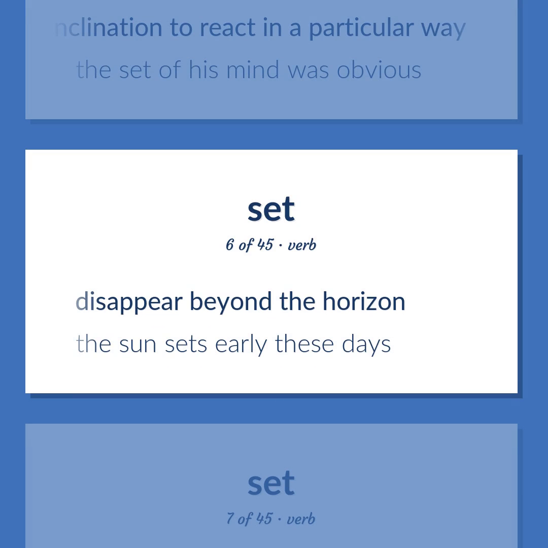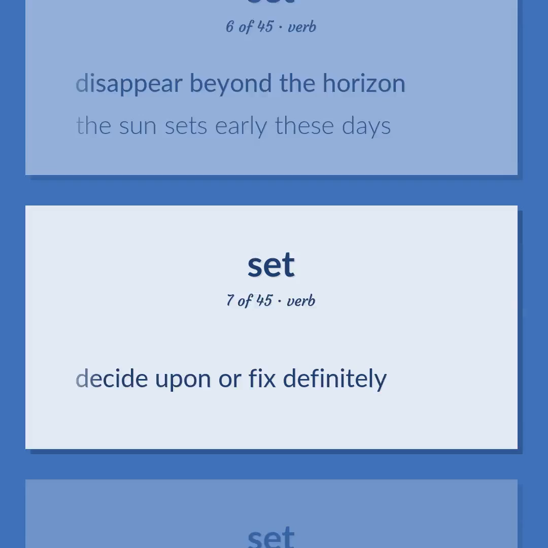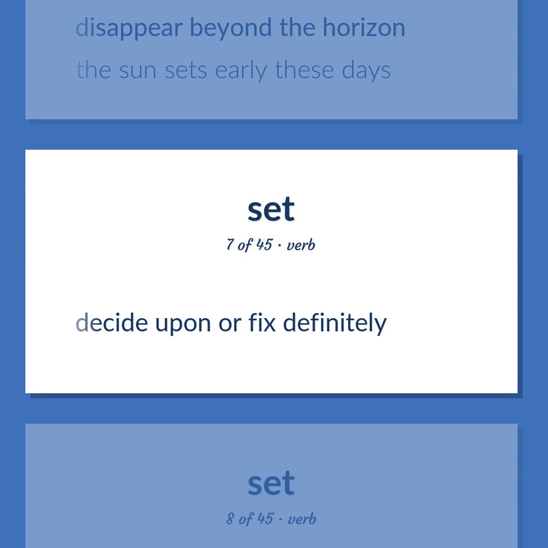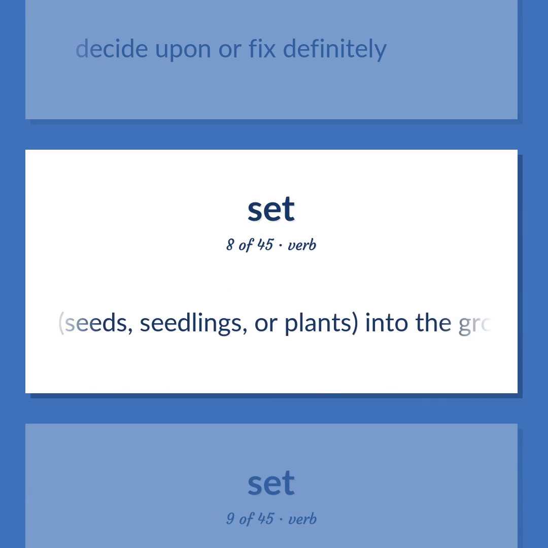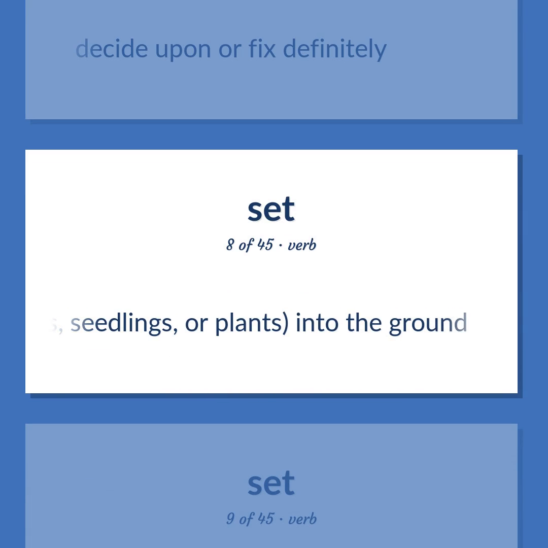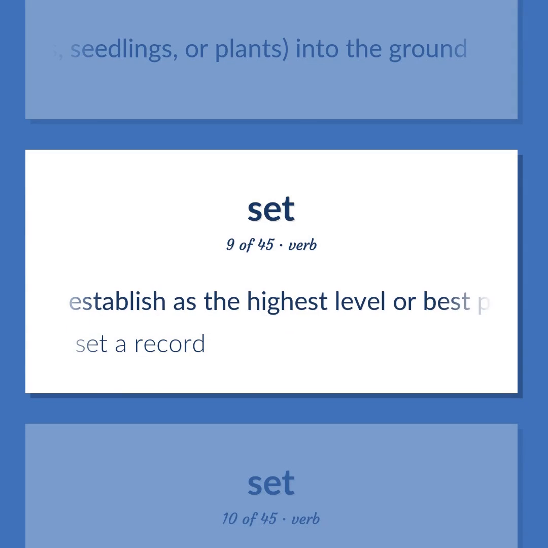The sun sets early these days. Decide upon or fix definitely. Put or set seeds, seedlings, or plants into the ground. Establish as the highest level or best performance. Set a record.